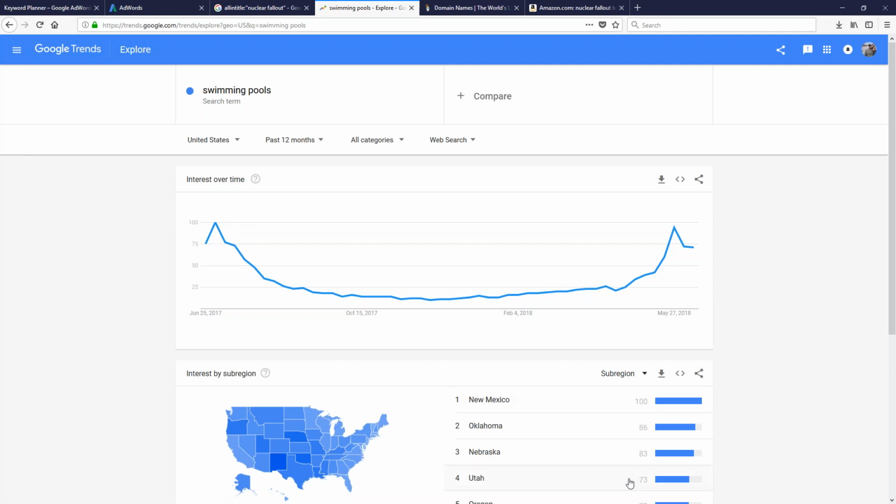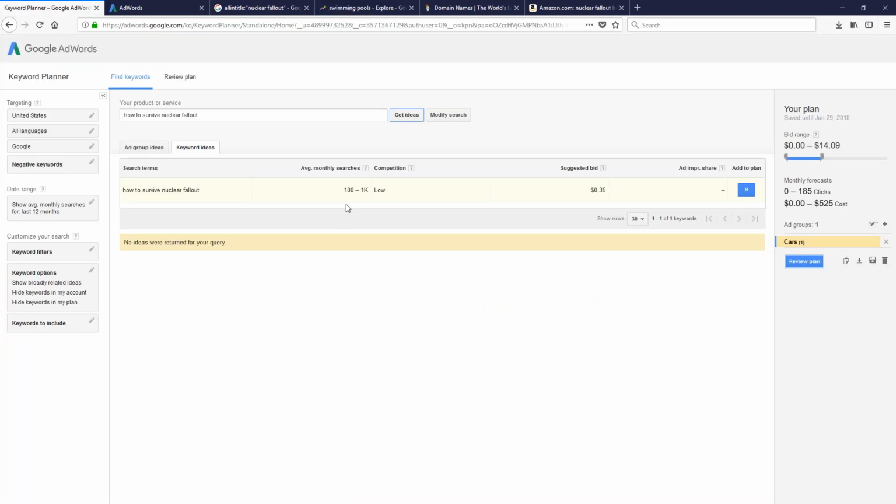Now, another reason why it's important to know about these seasonal tendencies has to do with the keyword planner. Google used to give you really good information on this type of thing.